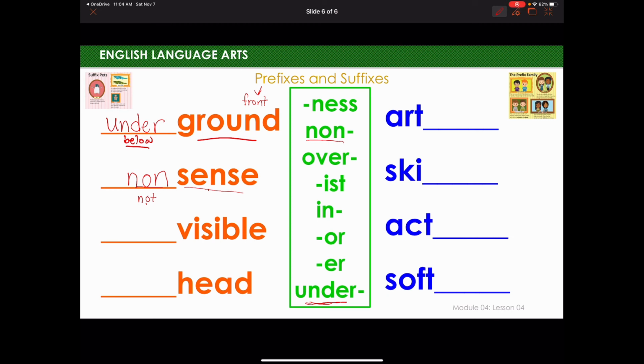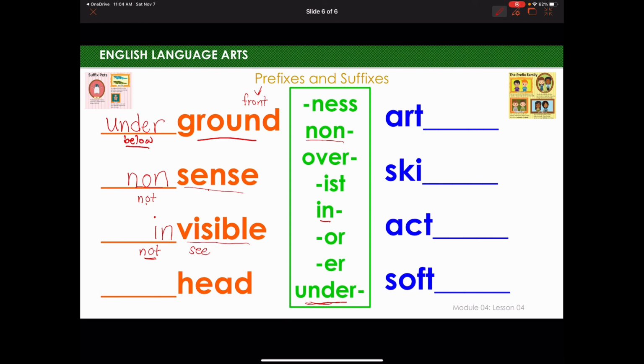Another prefix we could have is the prefix in. If I add in in front of a word, it also means not. So invisible means not visible. And I know that visible means that you can see it. So invisible means that you cannot see it.